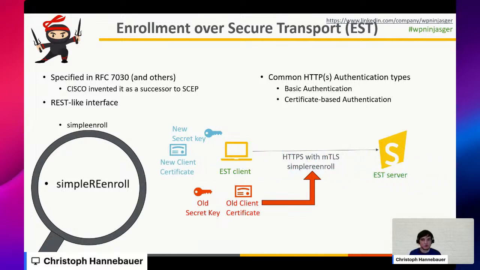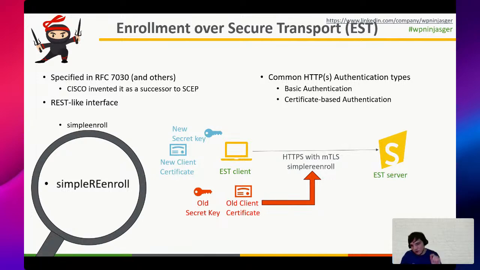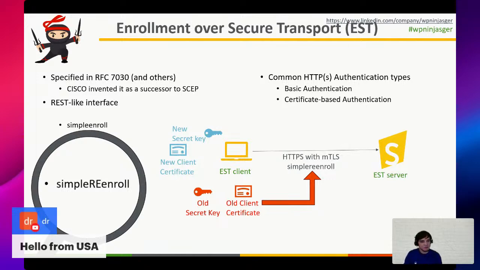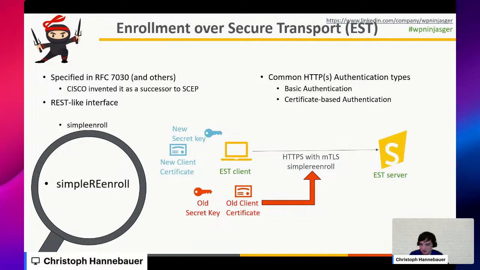So it is used for renewing a certificate. And that's also very interesting because the initial enrollment is one part, but renewing is another. So with this method, it's very easy to renew a certificate once you have the first certificate on the client, for example, if you do it manually on the Linux client. But of course, it doesn't really solve our problem of enrolling the initial certificate.